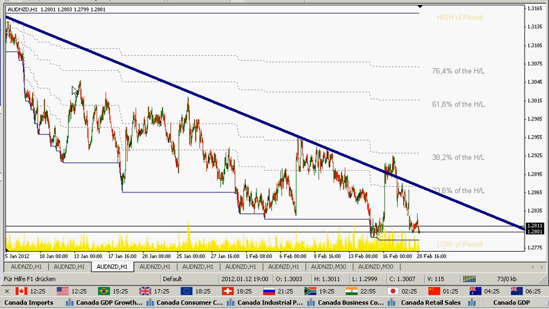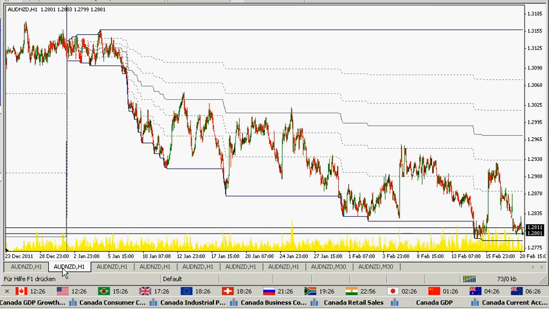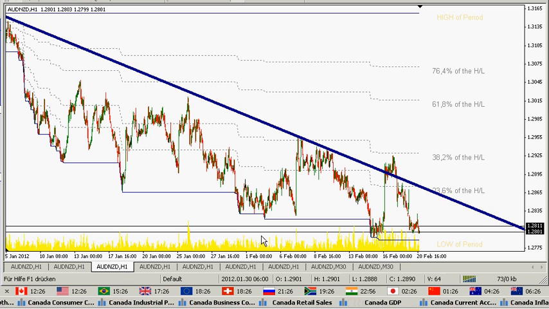So here once again, usually the 50, I didn't paint it in. Here we see the 38.2 area, and perhaps it could give an impact or pressure to new lows.